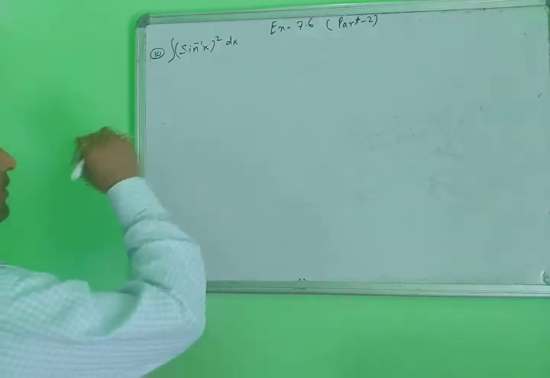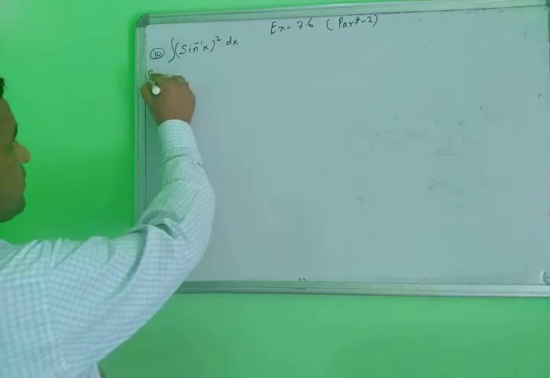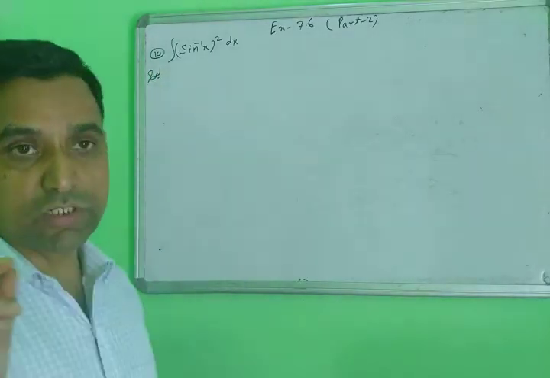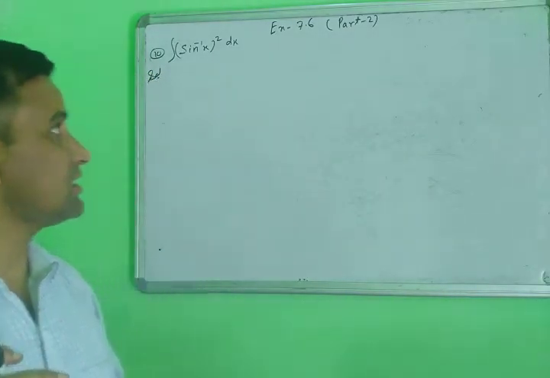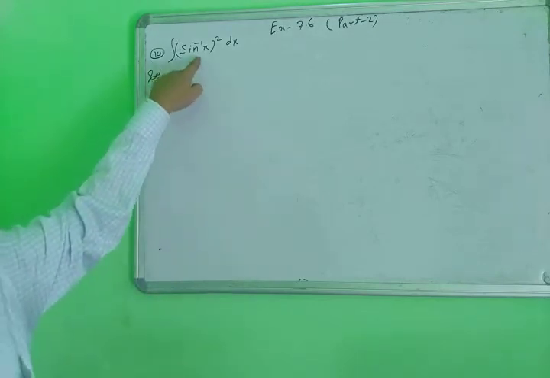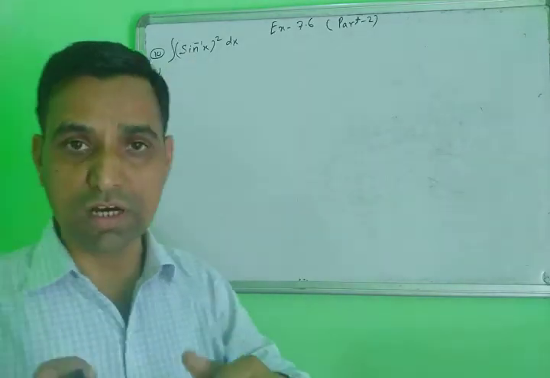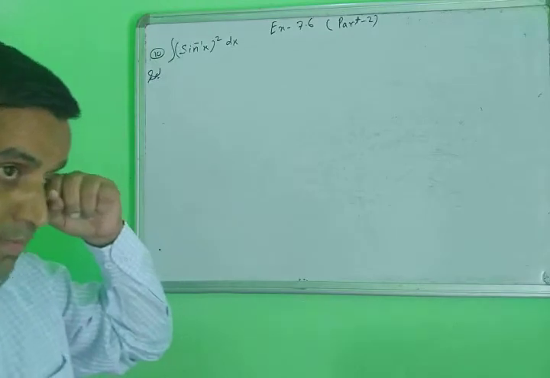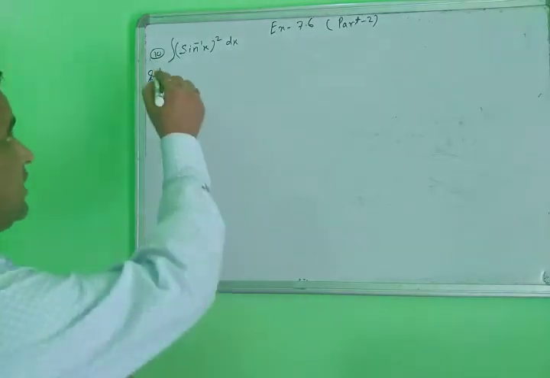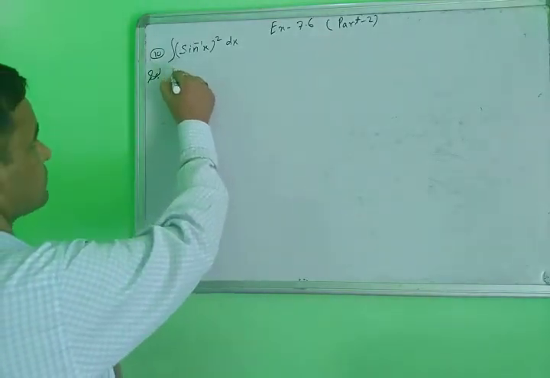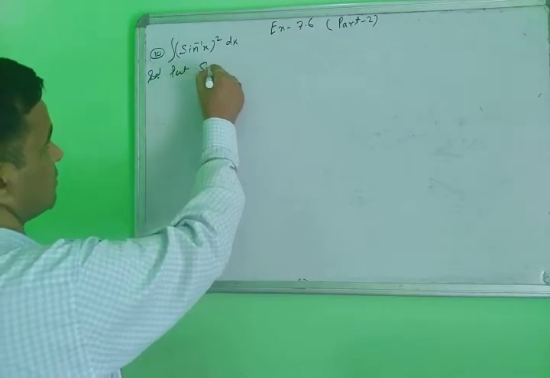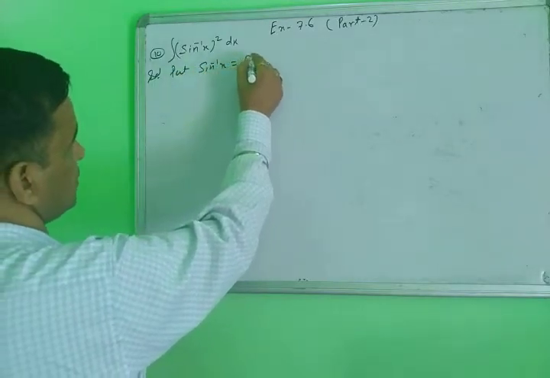Yes, now start here. First of all you will put sin inverse x, because you have only one function. Then you will convert it into two functions. So put sin inverse x equal to theta.